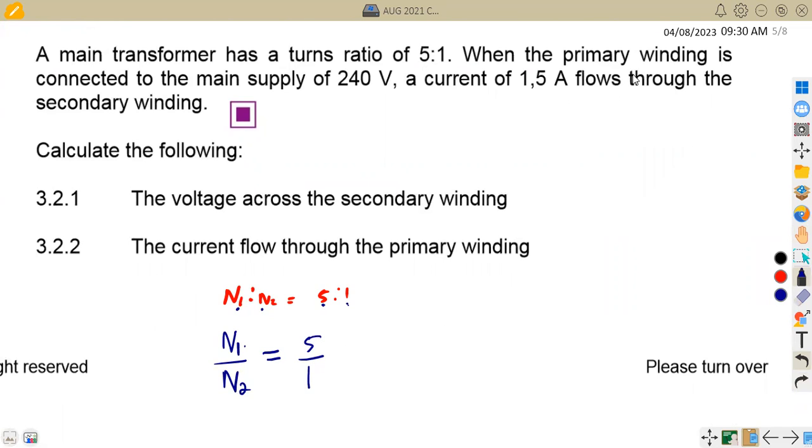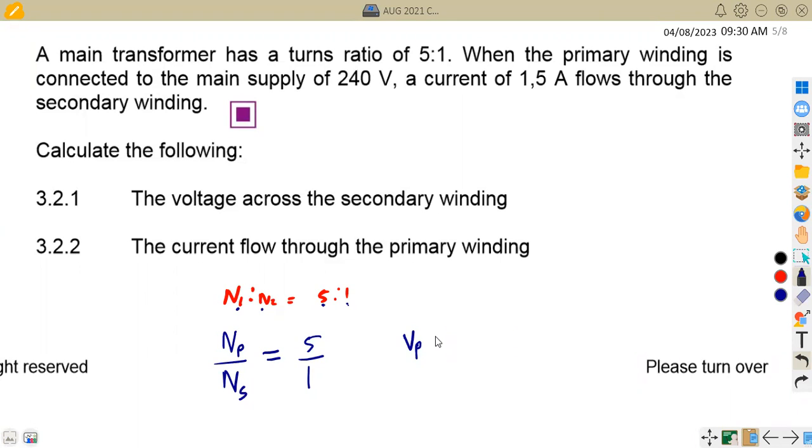When the primary winding is connected to the mains supply voltage, we are given V1. Let me use what we are used to from our other subjects, P for primary and S for secondary.